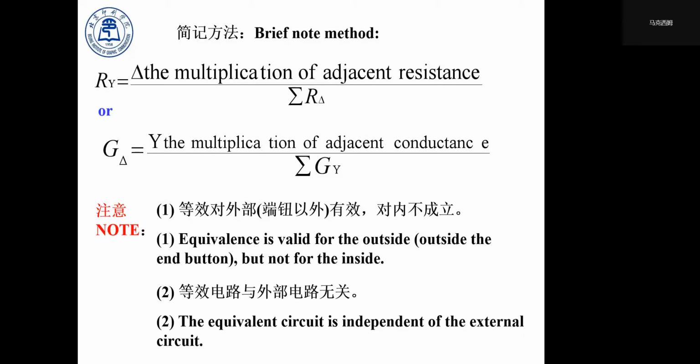And the other thing we have to remember is that it is independent from the external circuit. So once you transform the delta shape into a Y-shape network, or vice versa, it doesn't matter what kind of outside circuit you put on, it will still behave the same to the outside world.